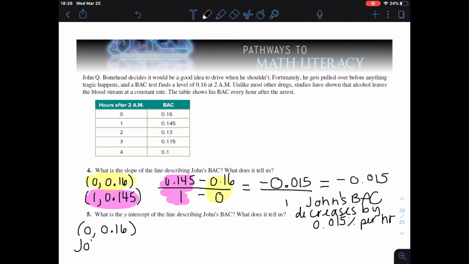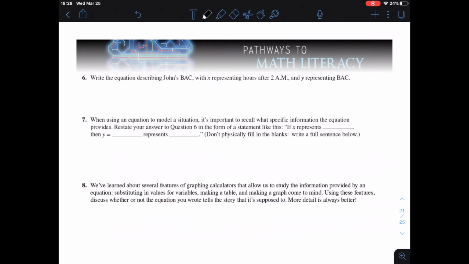So this just tells us that John's blood alcohol concentration started at 0.16%, right? And then it's decreasing by this constant amount each time.